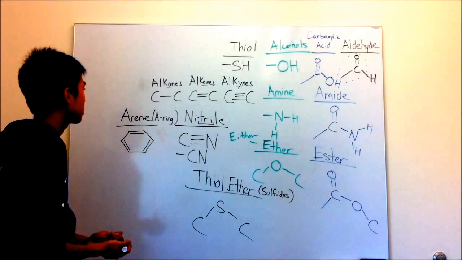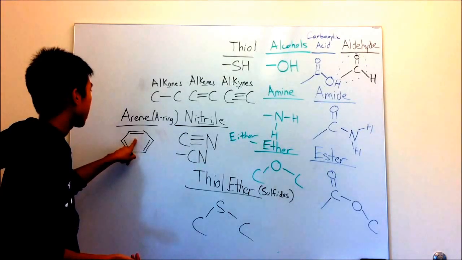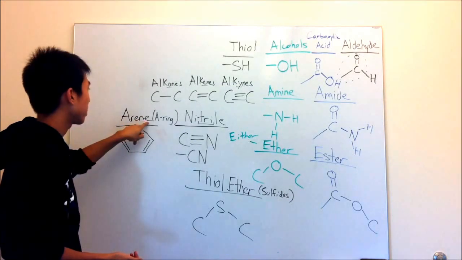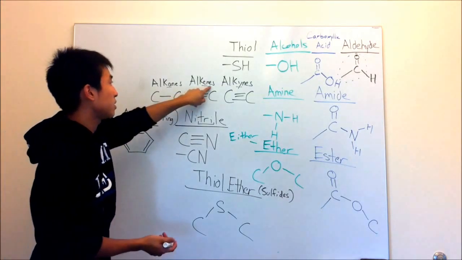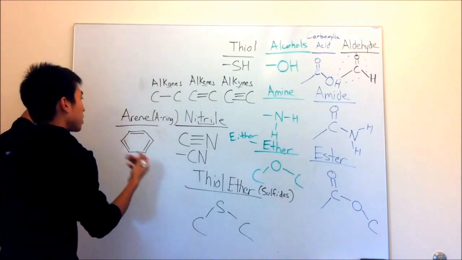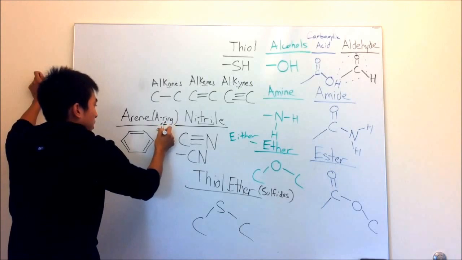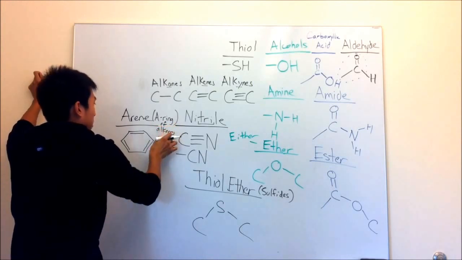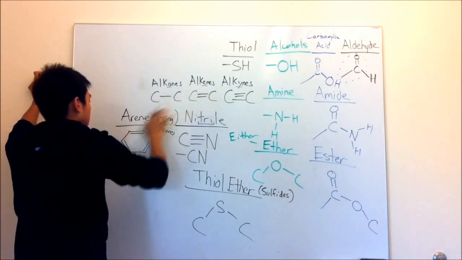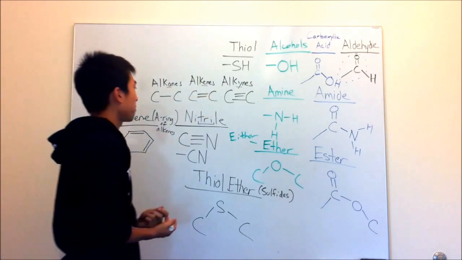A trick you can use to remember arenes is that they have double bonds, so they have the ene part in their name, like alkenes. So you could think of it like a ring of alkenes. It's basically an alkene here, alkene here, alkene here. Okay? I hope that helps you.